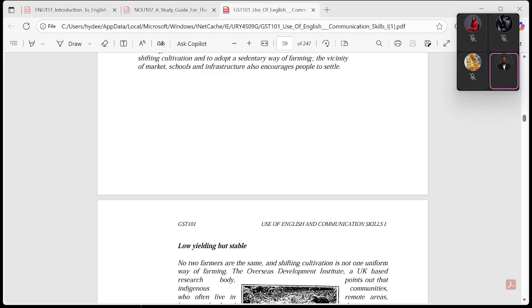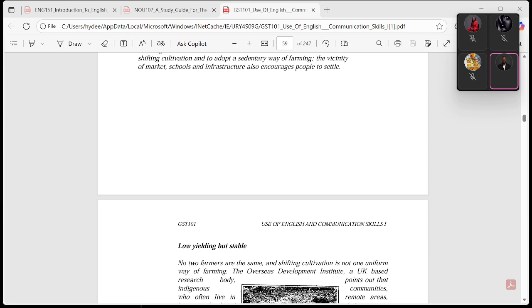Unit 4 transitions from the foundational skills of note taking. So you remember what we did under note taking and note making. Let me give you a brief introduction to Unit 4.